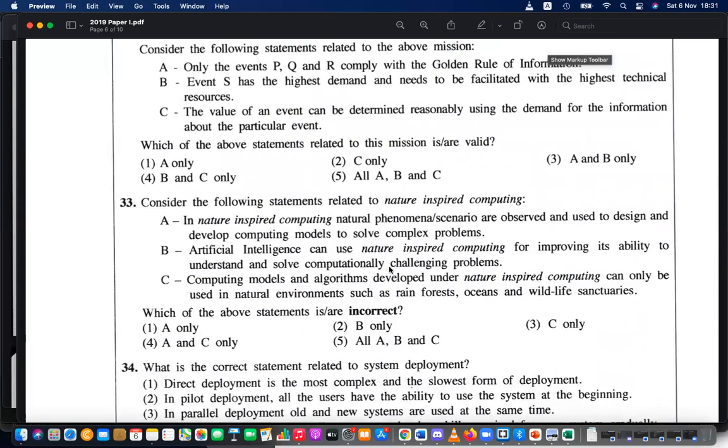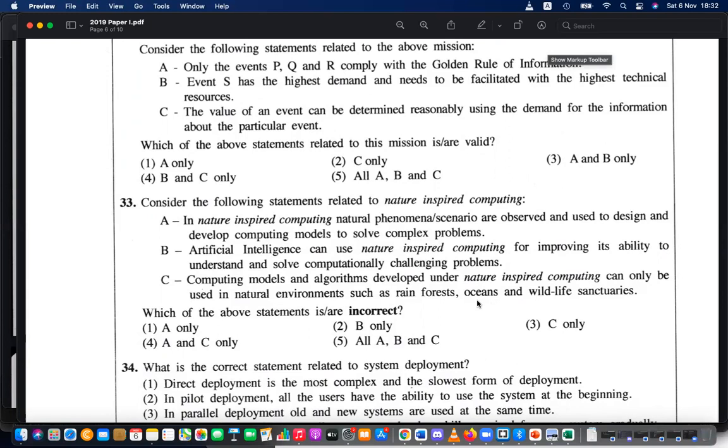Artificial intelligence can use nature-inspired computing to improve its ability to understand and solve computationally challenging problems. True. Computing models and algorithms developed under nature-inspired computing can only be used in natural environments such as rainfall. No, that is not true.